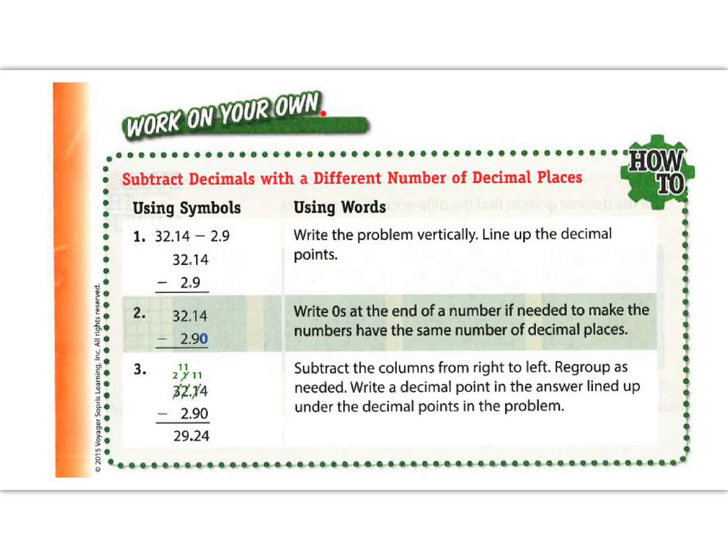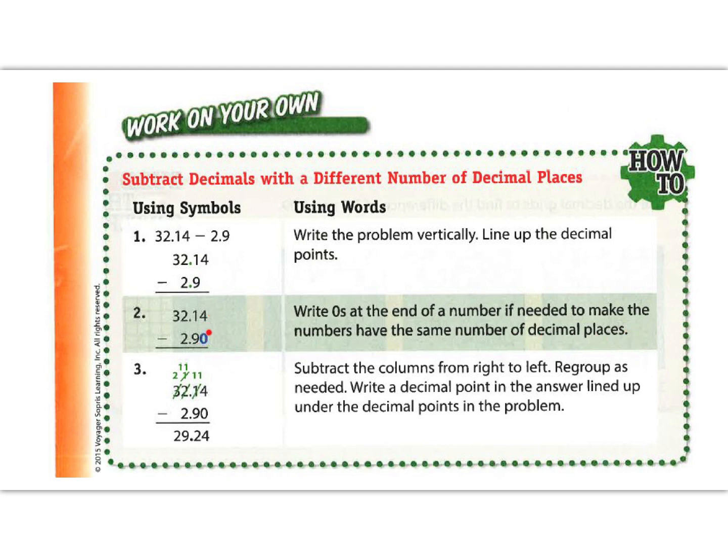All right, when you go to work on your own, you're going to subtract decimals with different number of decimal places. So here's an example, 32.14 minus 2.9. Write the problem vertically, so then write it like this, and line up the decimal points. Then you're going to write zeros at the end of a number if needed to make the numbers have the same number of decimal places.